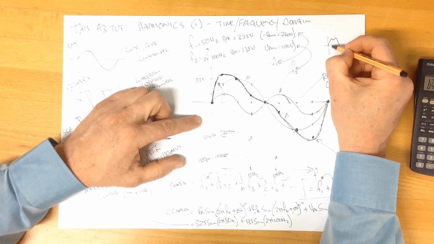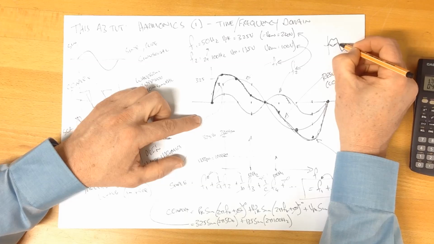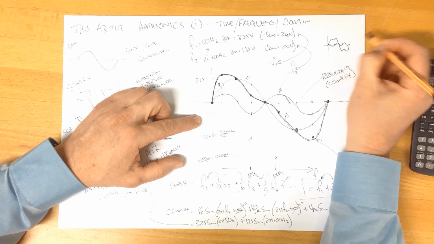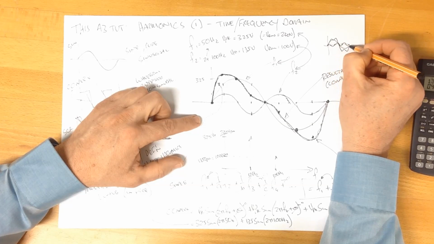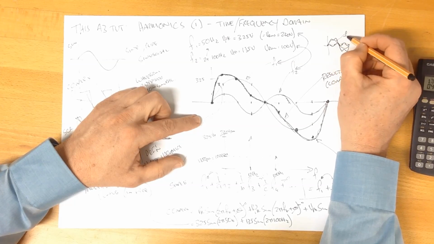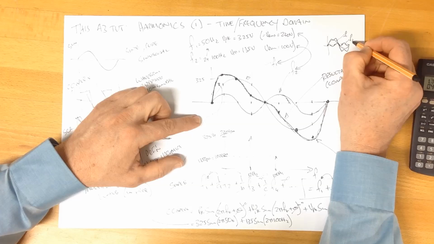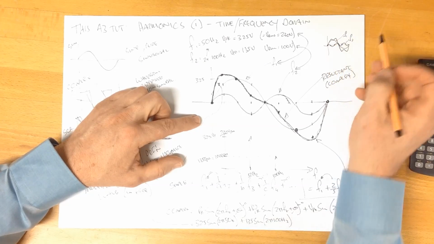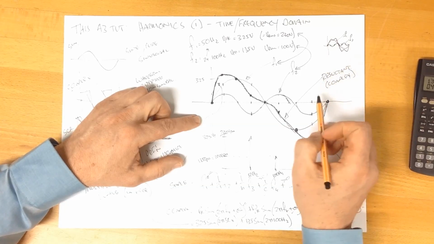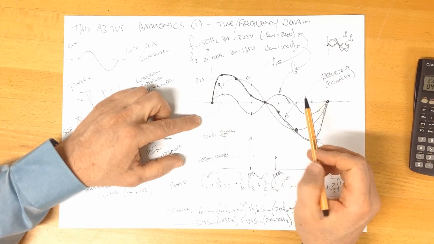Because our third harmonic would have 3 cycles through here. 1, 2, 3. And if we would add up here our fundamental with our third harmonic here, we would end up with something that looked like this. So we can build up any complex wave made out of sine waves.